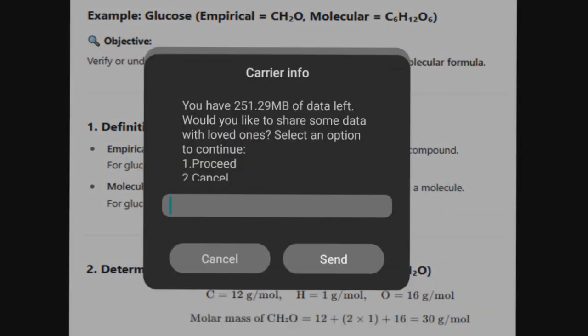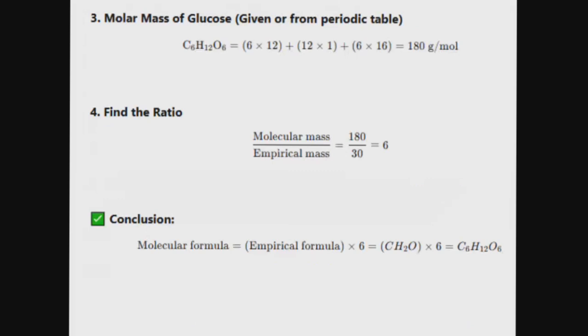We keep it aside and then find the molar mass for glucose. The molecular formula is given as C6H12O6. That's 6 moles of carbon, 12 moles of hydrogen, 6 moles of oxygen.